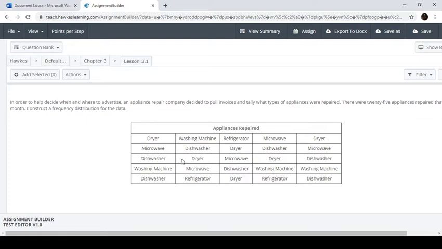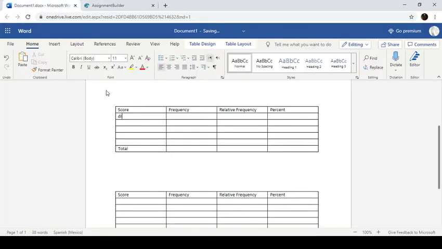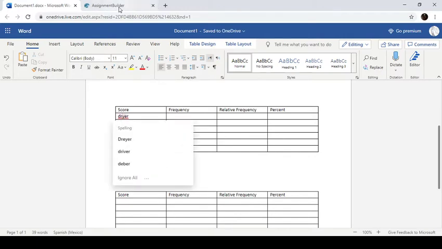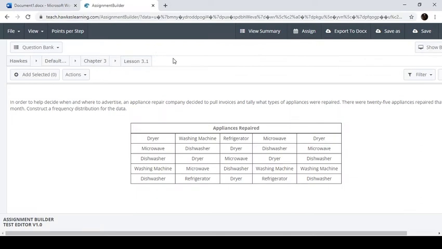So the score for that data is dryer. Then we need to go through and list all of these different types of appliances, so I'll go ahead and do that. We have washing machines, refrigerators, microwaves, and let's see, dryer and dishwasher. There's the other one.